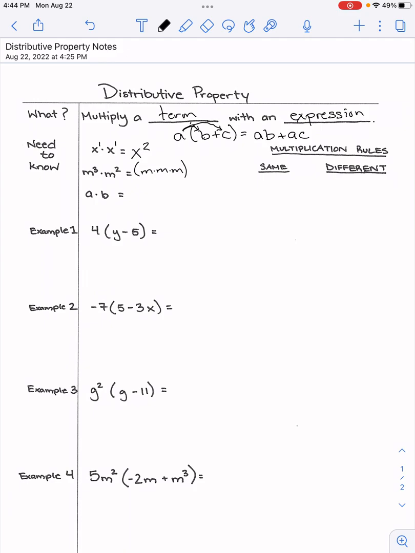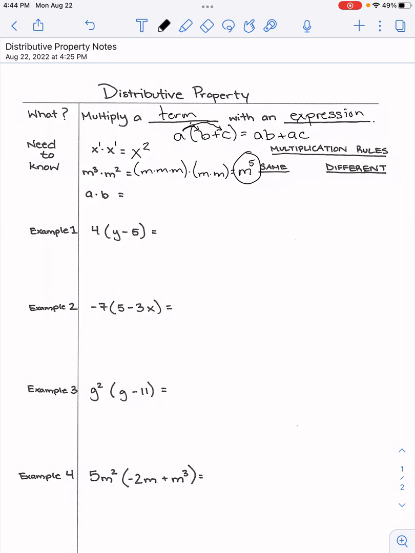Put that in one parentheses. And then m squared is m times m. All together, how many m's do we have? We have 5 m's that are being multiplied. So this is m to the 5th power. Instead of writing expanded form, we could have just said, we multiply two terms, so we add their exponents.